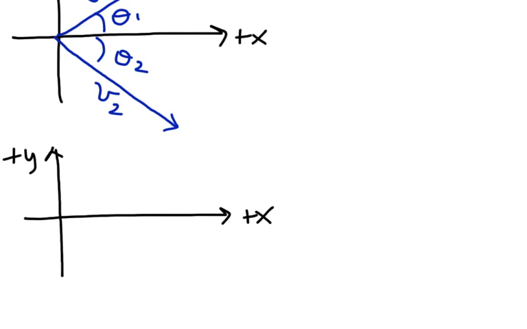So my first vector comes out something like this, and we call that v sub 1 at a theta sub 1. Now my second vector, if I was drawing this to scale on graph paper, what I would do is take the tail of my second vector and put it on the head of the first.